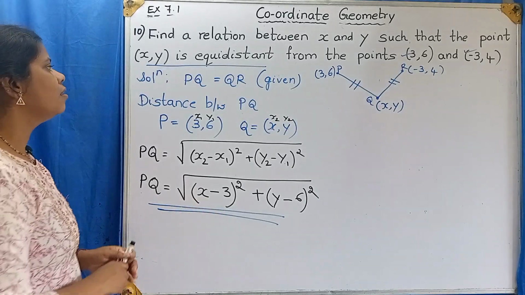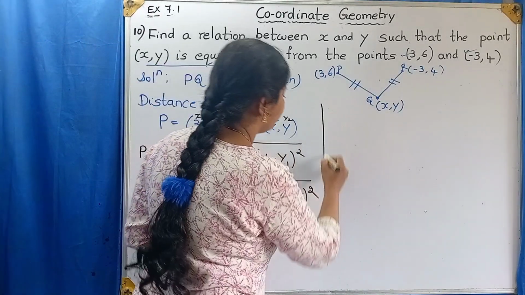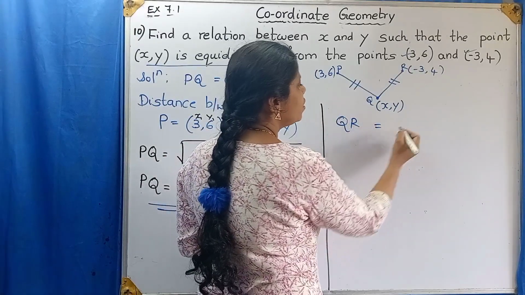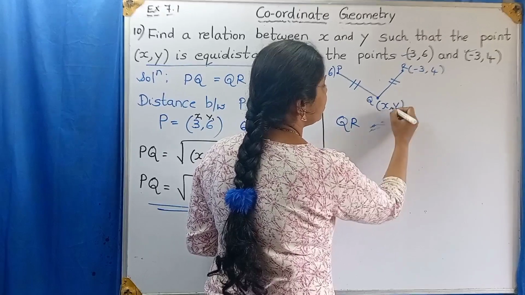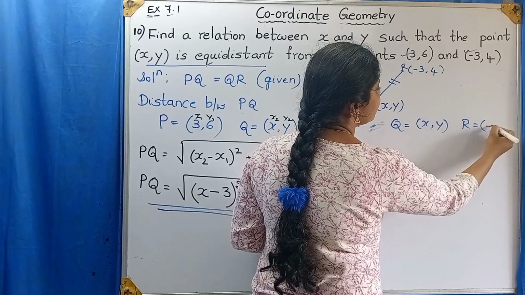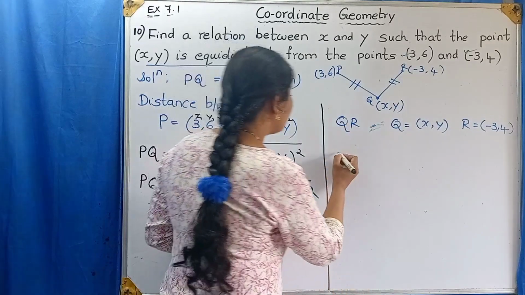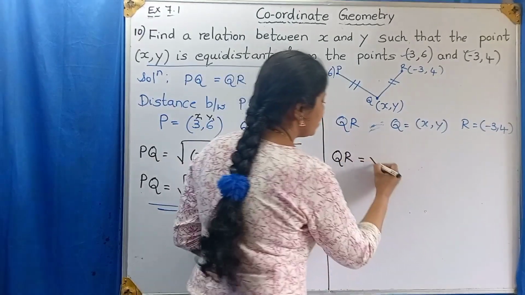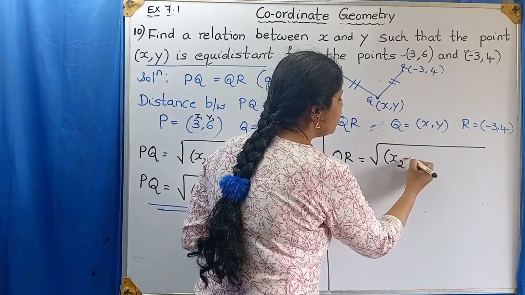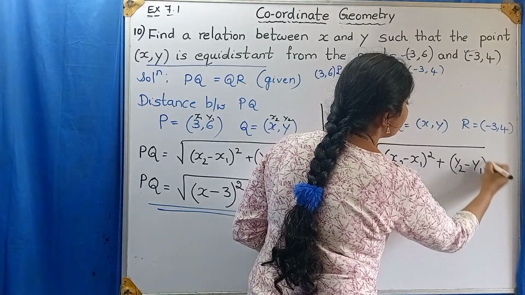Now let us find out the distance between Q and R. The coordinate of Q is (x, y) and the coordinate of R is (-3, 4). Let us find the distance QR by using the distance formula, again square root of (x2 minus x1) the whole square plus (y2 minus y1) the whole square.